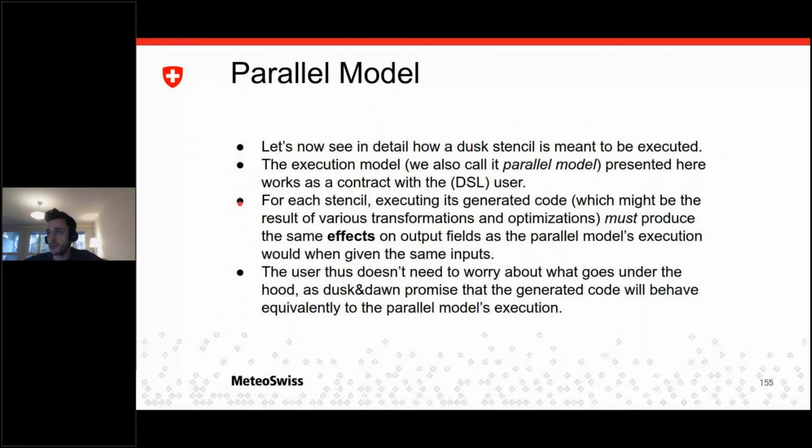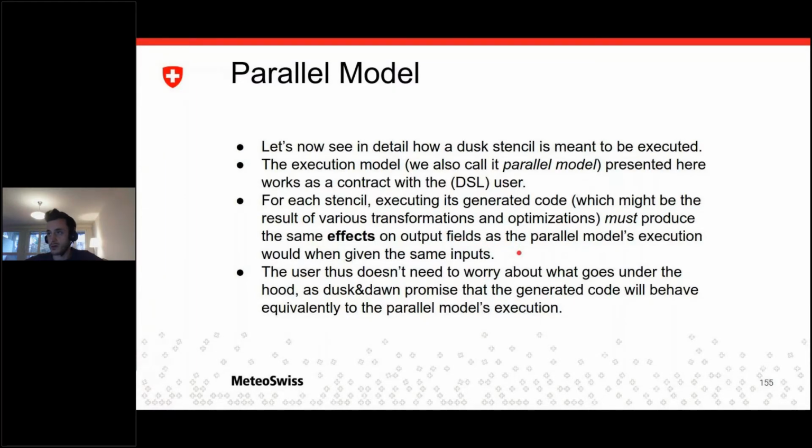Well, the other purpose is that it works as a reference for when we study optimizations and want to implement them. You can think of it as a correct execution that is your reference, and any optimization, any transformation that you do should lead to code that produces the same effects on the output fields when given the same input field as this execution according to the parallel model.